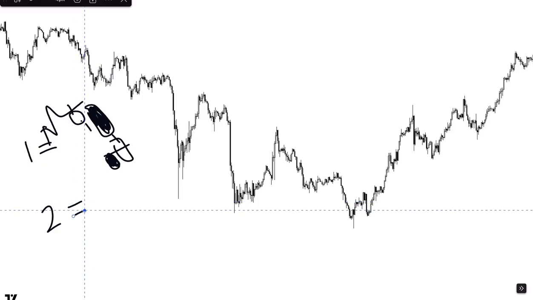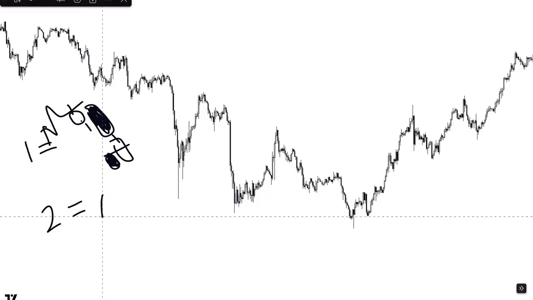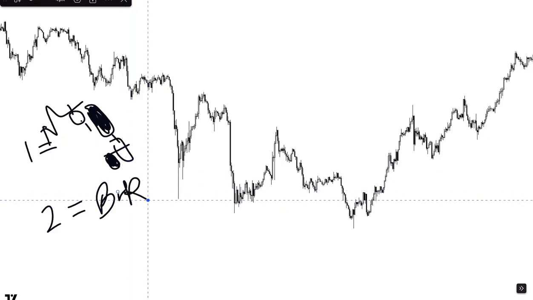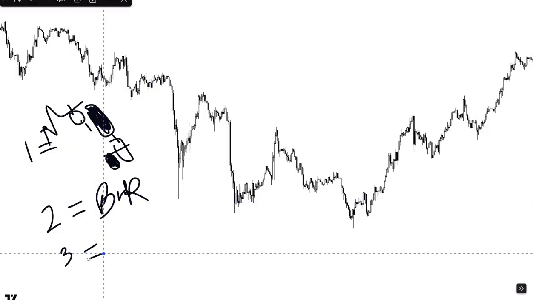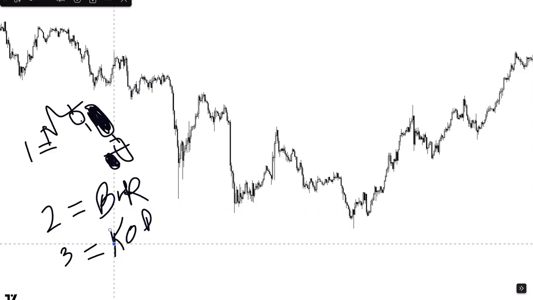A true market structure shift will either give you a breaker entry, which is the up close candle that liquidated the old low, or the down close candle right before price raced up into an old high. And we'll see examples of that, right? Number 3 is the kiss of death turtle soup, one of my favorites.